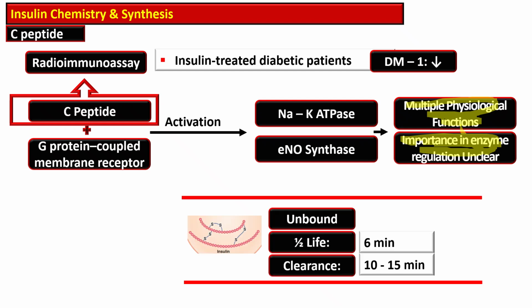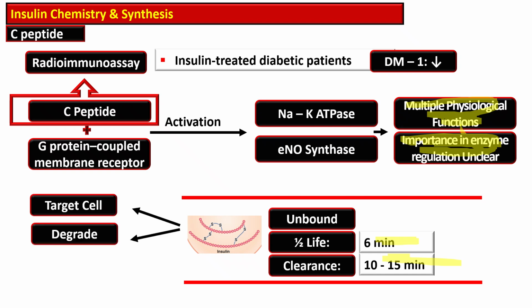So in the circulation, insulin circulates in unbound condition, and plasma half-life is about 6 minutes, and it is cleared from circulation within 10 to 15 minutes, and mainly it is cleared by the liver, and also the kidney and muscle are responsible.